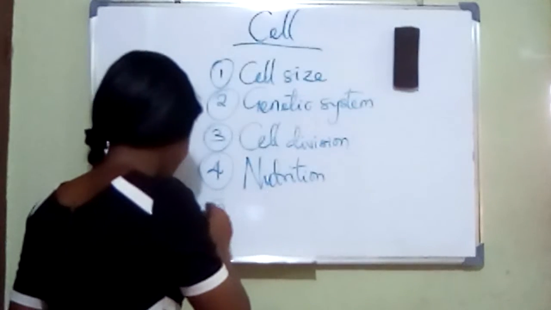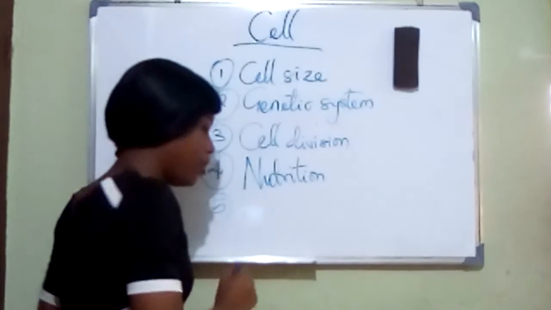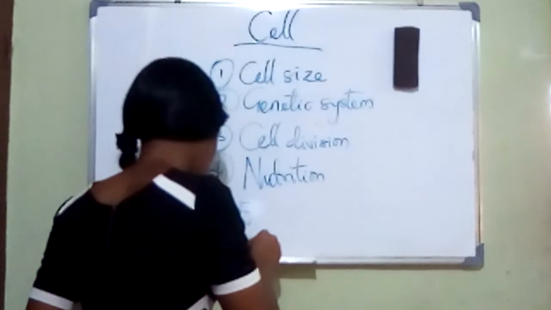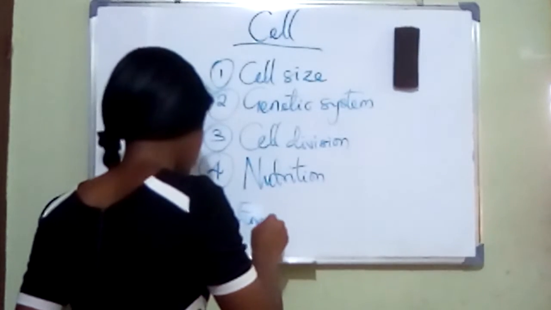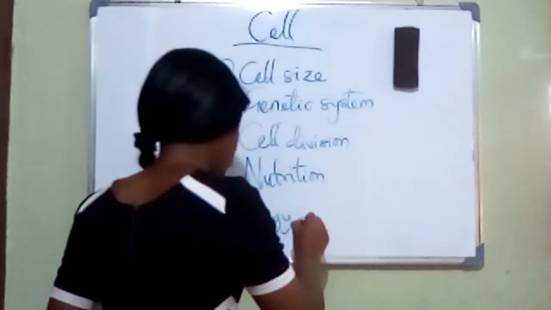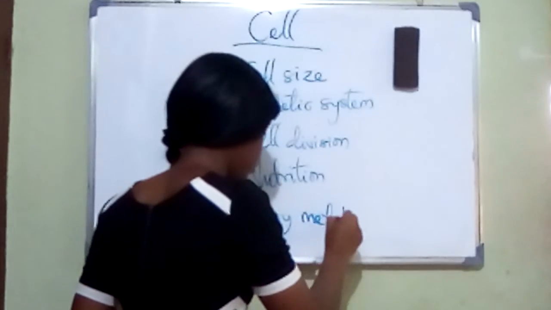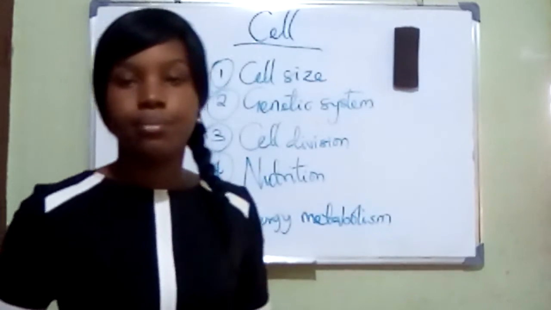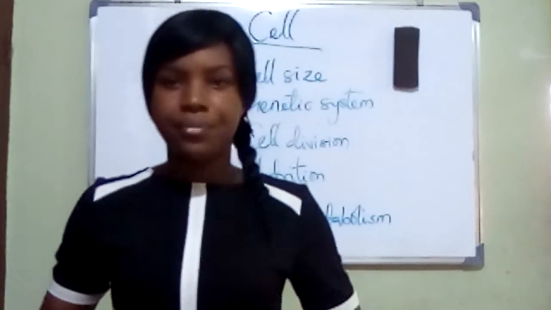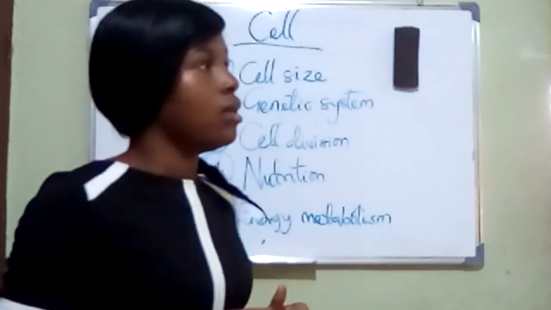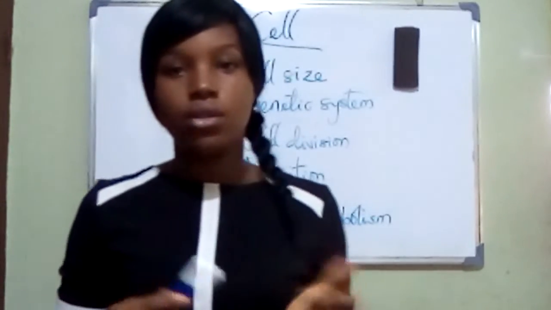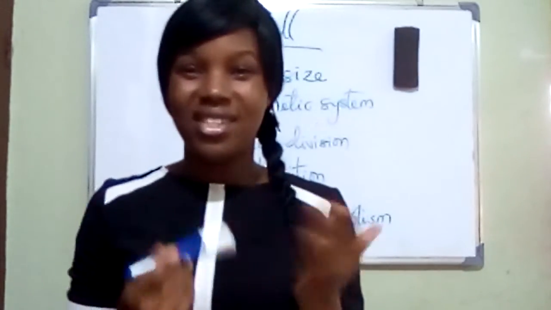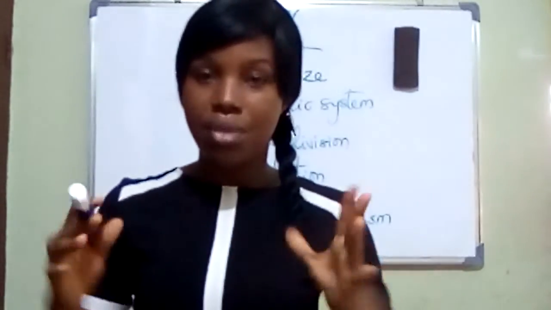The next is energy metabolism. Prokaryotes metabolize or produce energy through oxidative enzymes on the cell membrane.